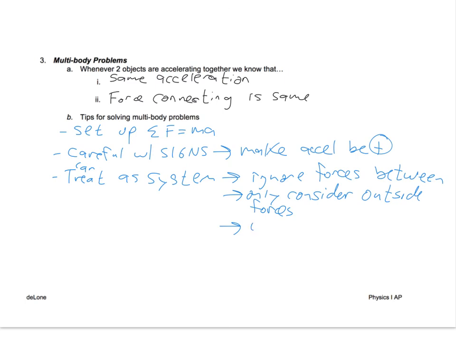And when this happens, we're also going to use the total mass of all the objects in our system. Now, our way of setting up individual F equals ma equations and free body diagrams ultimately leads to this. When we set up that system, it should simplify to this situation where the forces between the objects cancel and we're left with the total mass.